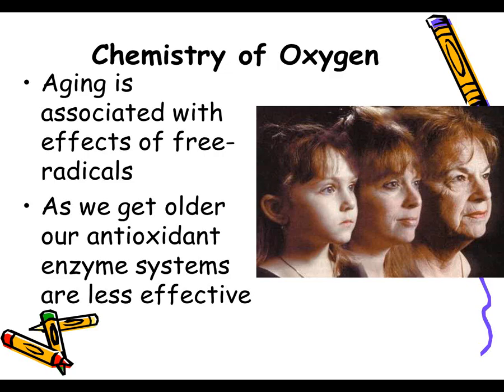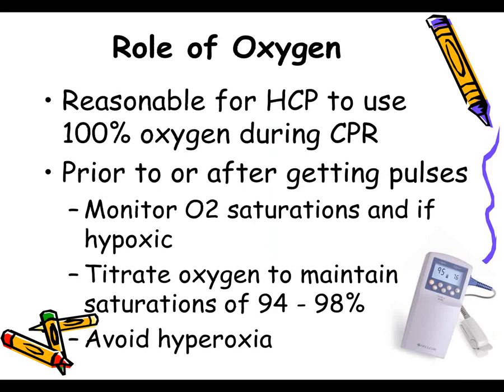As we get older, our antioxidant system is unable to protect us from free radical production. Now, when we're talking about a person having a heart attack, it is reasonable for a healthcare provider to give them a non-rebreather at 15 liters a minute.